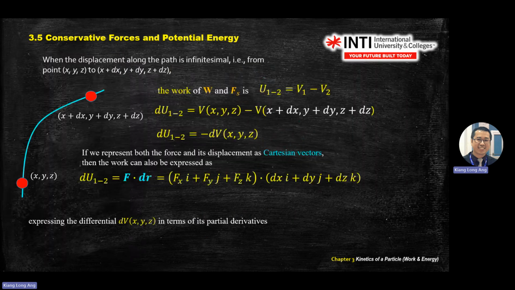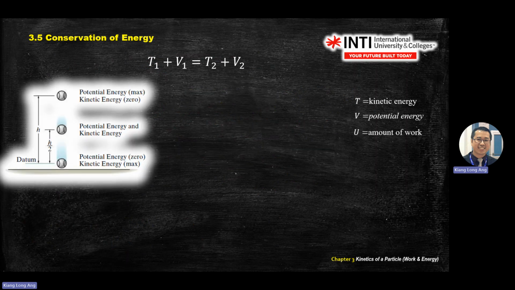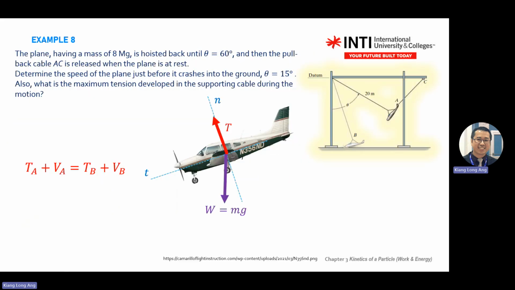Okay, we go back to the question. Why in the principle of work and energy can we cancel the non-conservative? Why can we take out the non-conservative?